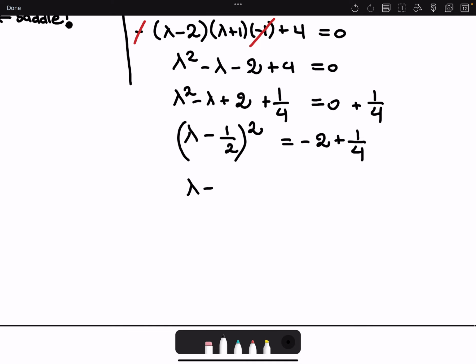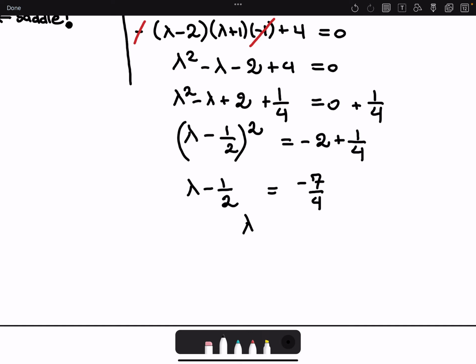So now let's take the square root right away. We'll make this, instead of 2, 8 over 4, which is the same thing. So minus 8 over 4 plus 1 over 4, that's minus 7 over 4.